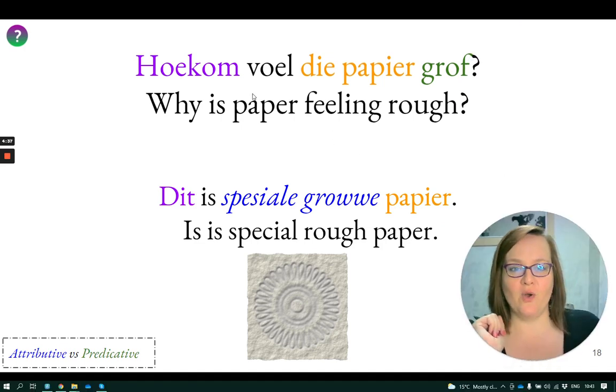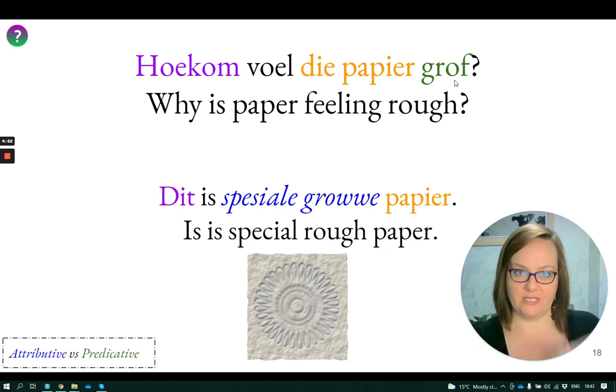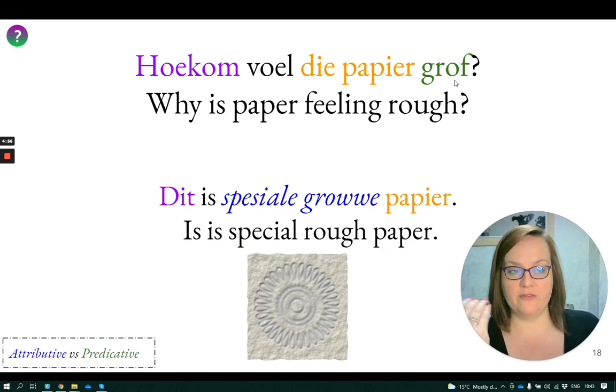Okay, so hoekom voel die papier grof? Why is the paper feeling rough? The texture is rough. Grof here, tell me, is it attributive or predicative? It's written at the end. After the noun, it's predicative. Okay, what if we had to change that to attributive?